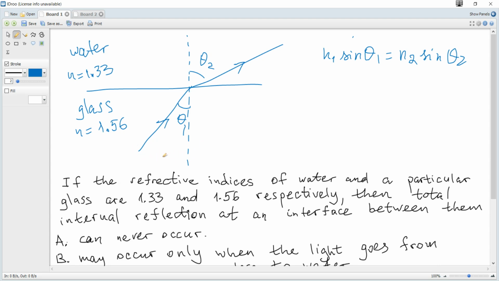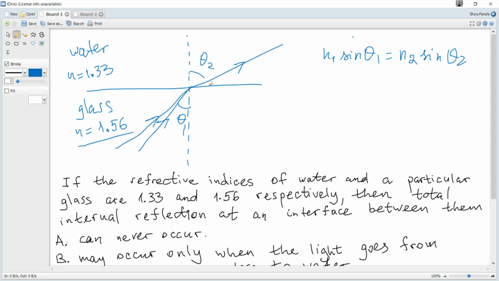You remember that the greater the refractive index is, the closer to the normal the ray is. Here n is greater, so this ray is closer to the normal, this angle is smaller. And this refractive index is smaller, so the ray is further away from the normal, or this angle is larger. If we increase theta 1, the angle of incidence, you can see that it will be like this.